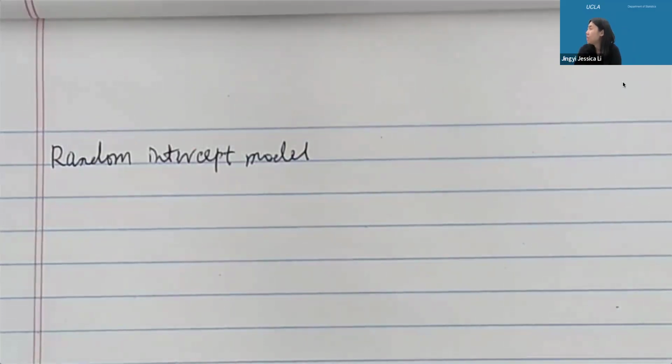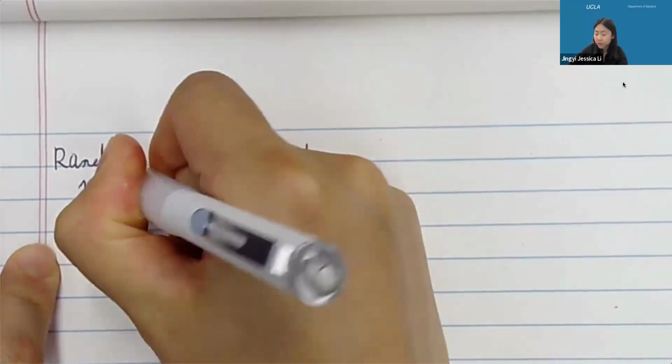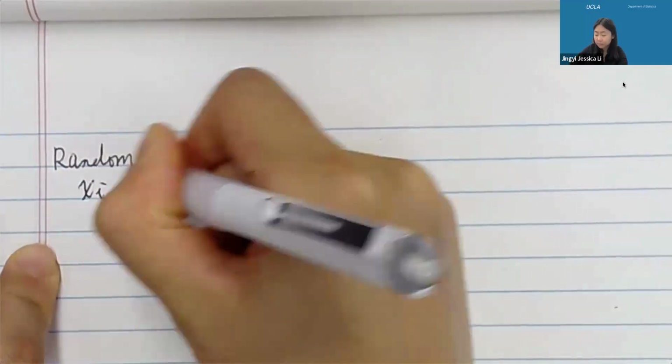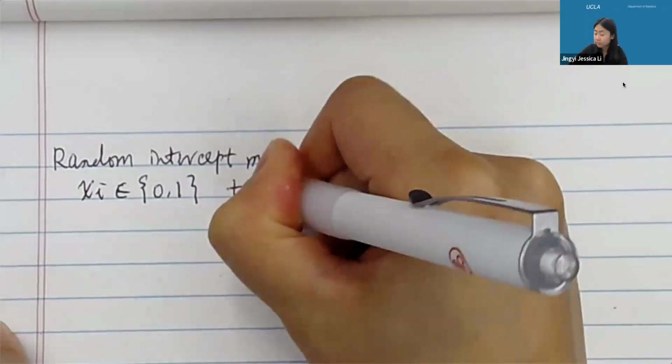So still using the school example, besides the 38 schools, I am interested in one treatment, which means that we try to implement some education change in some schools, but not all of them. So if I have this additional thing, xi, which is binary, it means some treatment.